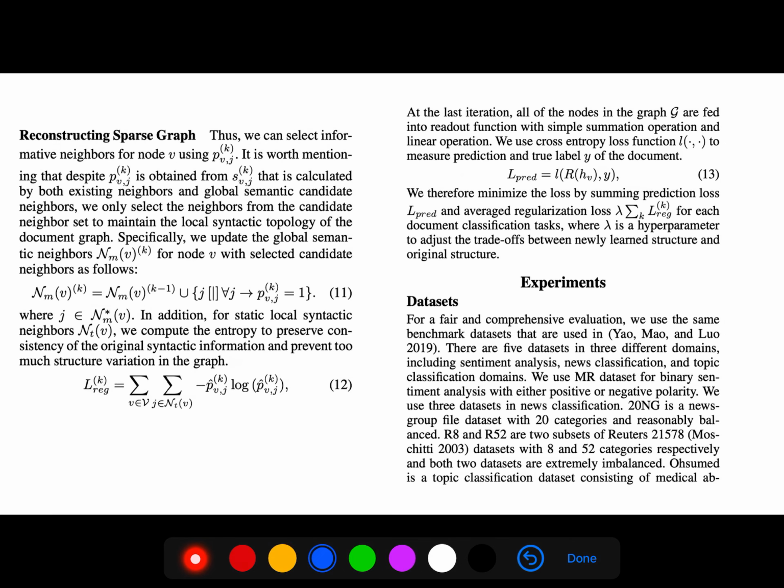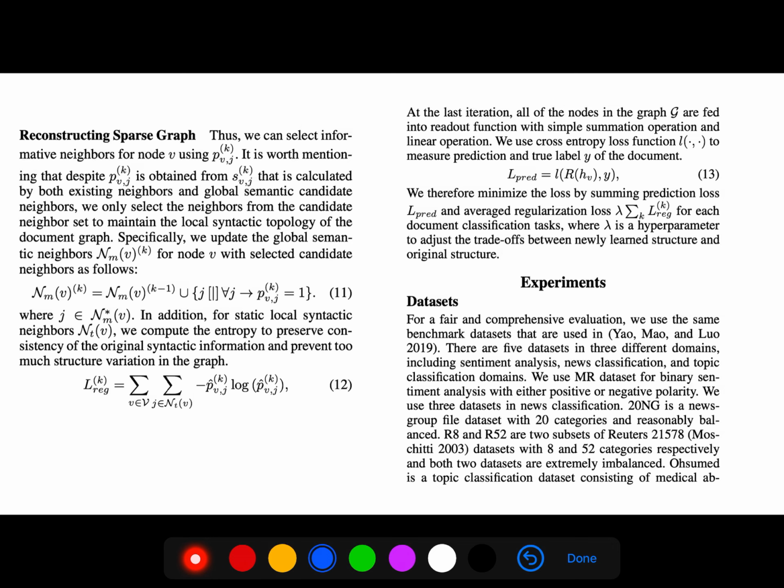And then reconstructing the sparse graph. Thus, we can select informative neighbors for node V using P. It is worth mentioning that despite P being obtained from S, which is calculated from both existing neighbors and global semantic candidate neighbors, we only select neighbors from the candidate neighbor set to maintain the local static topology of the document graph.